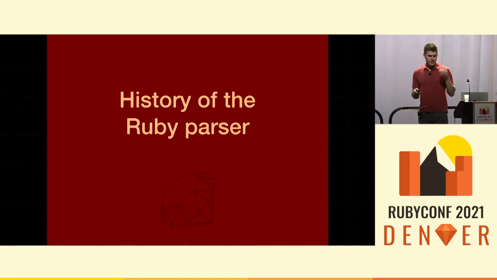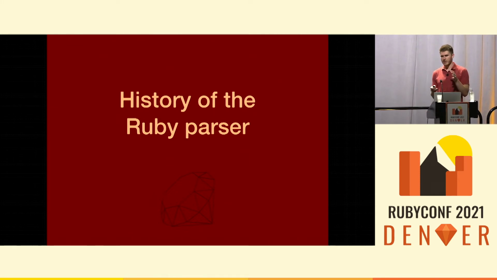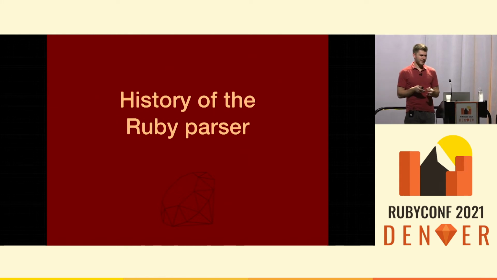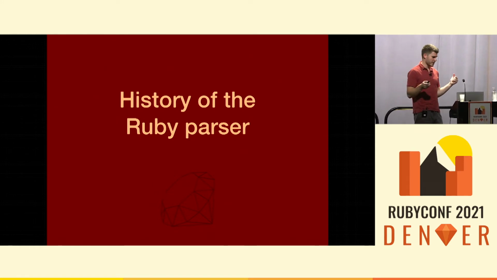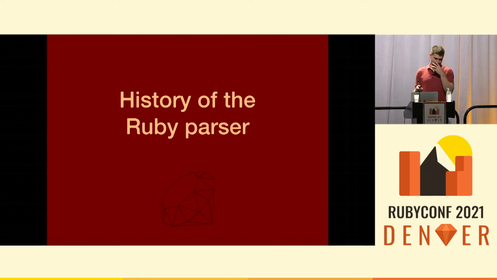So the next thing I want to talk about is the history of the Ruby parser. Now, the reason that it's called racc, the parser generator that the standard library uses, is because yacc was the original one. YACC, yet another compiler compiler, I believe. It's a parser generator that was built way back when, and it was in vogue in 1993 when Matz started using it for building out the Ruby parser.